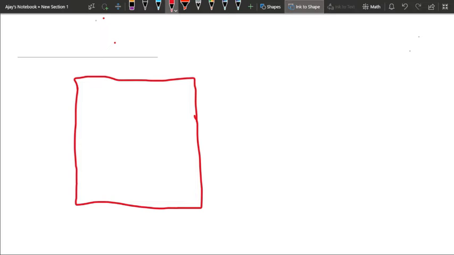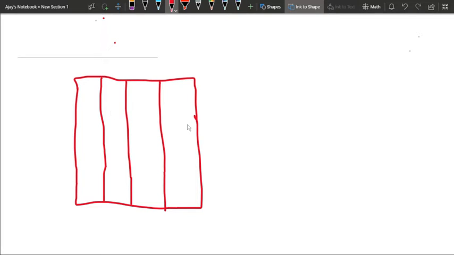So 1, 2, 3, 4, and I'm making 4 lines: 1, 2, 3, and 4 line.